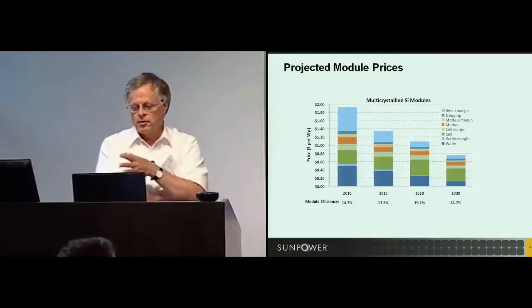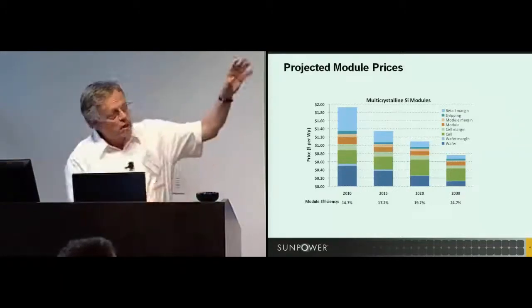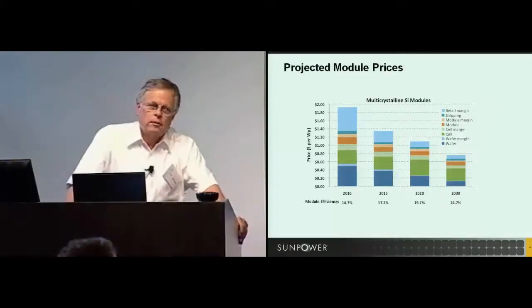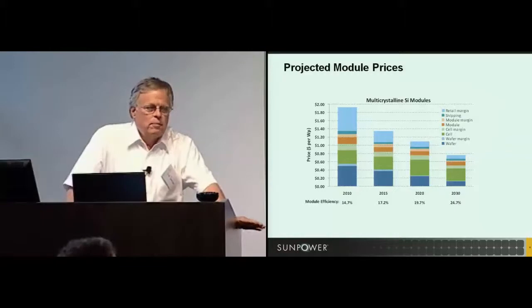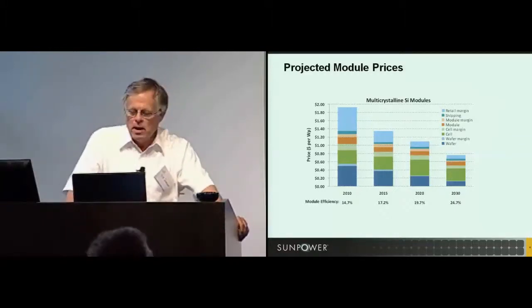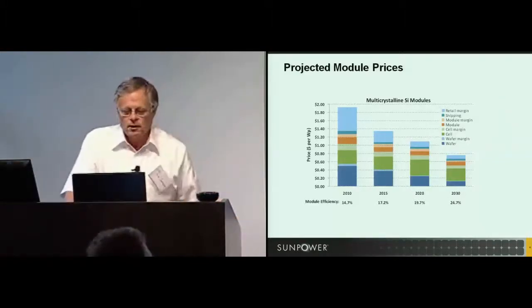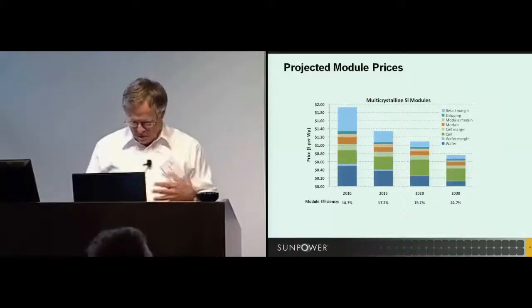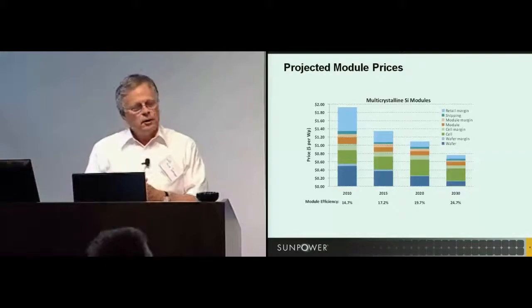The manufacturing cost, however, when you subtract out that top light blue part, is only about $1.30 a watt. So this is a big change, and it's changing the dynamics of the industry tremendously, making it harder and harder to continue to come up with new technologies to compete with the march of the standard generic silicon.